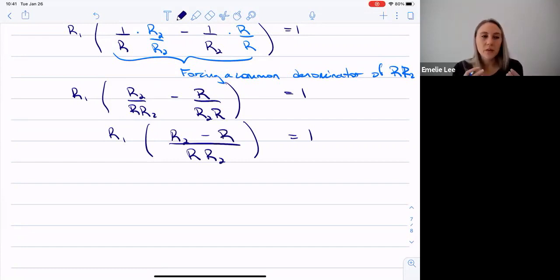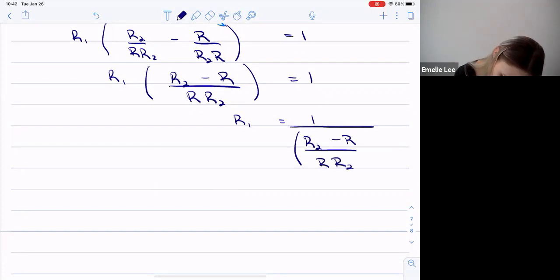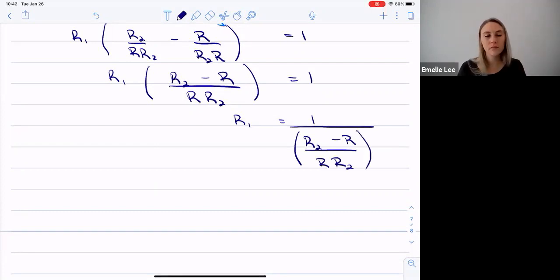Now, I'm trying to solve for R1. And so to move this over here, I need to divide both sides by this term here, R2 minus R over R times R2. So I have R1 is 1 divided by this big nasty thing, R2 minus R over R times R2. Notice that we've technically got a fraction over a fraction, right? 1, you can always rewrite as 1 over 1, right?